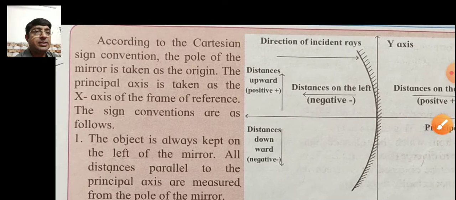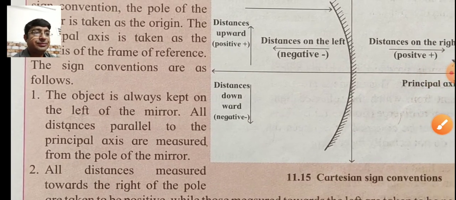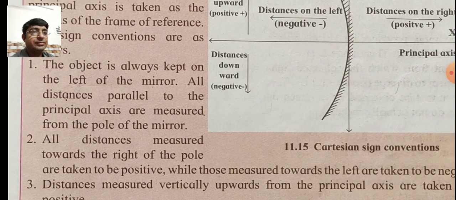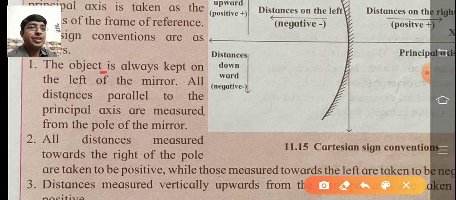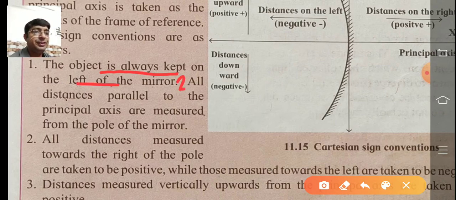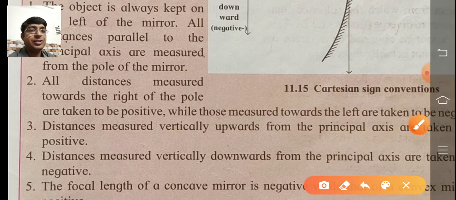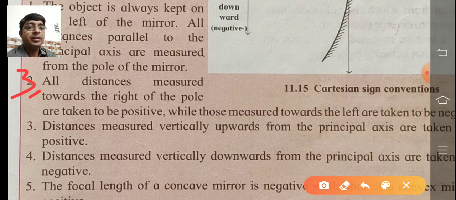Now these 6 points are given here. What is the first one? Check that. First point, the object is always kept on the left side of the mirror. Second point, we start here. All distances parallel to the principal axis are measured from the pole of the mirror. So we are changing the number. This 2 means number 3. Third point, it is a 4th point, 5th point and 6th point.